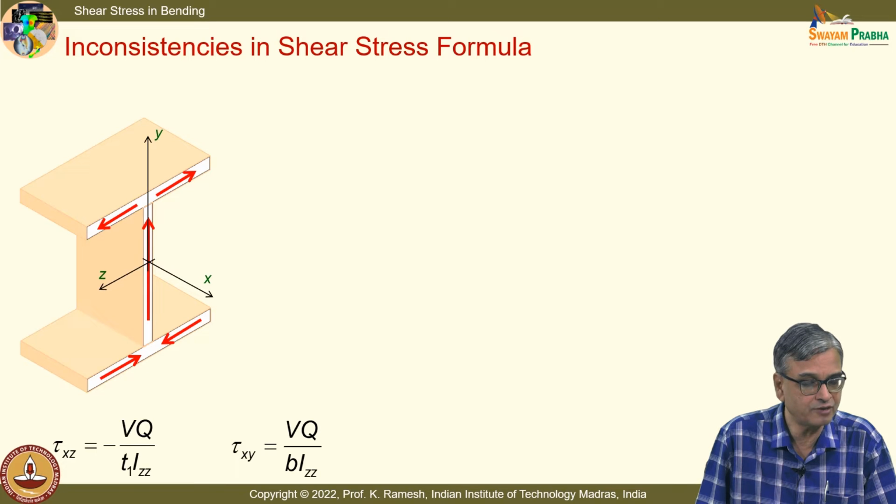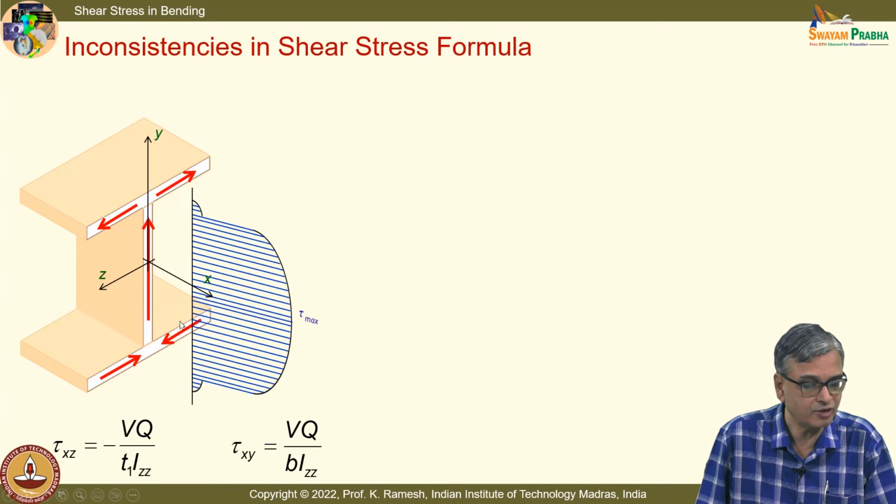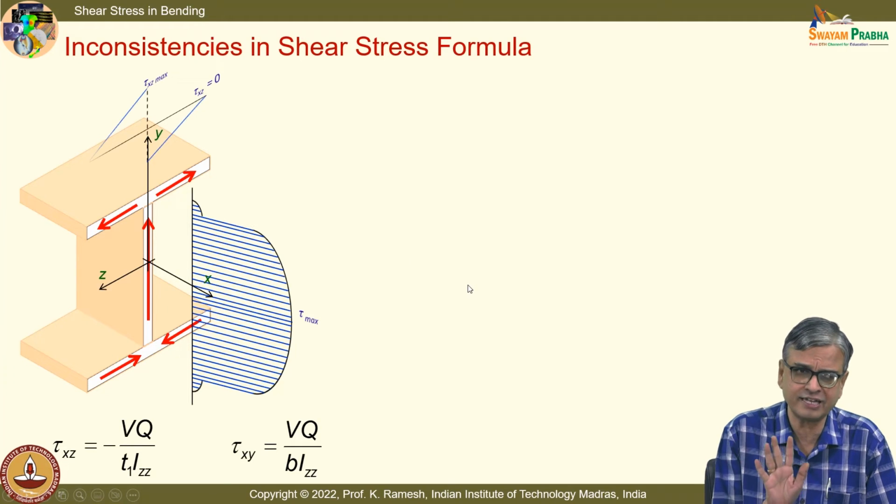From your free surface concept, this flange should have 0 stress, but your shear stress formula does not give it. In the transition region, you take the length of the flange and you get a smaller magnitude. The moment you come to the web, suddenly the stress magnitude increases. That is correct, there is no problem.